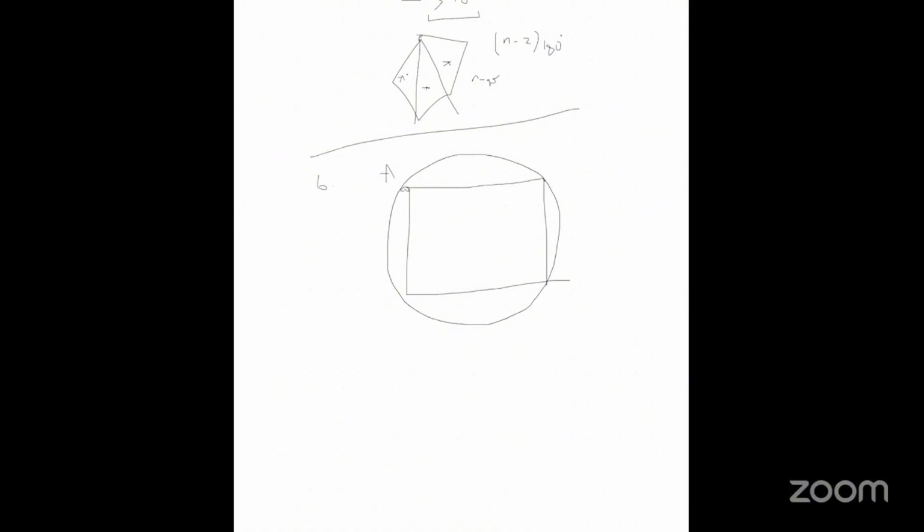And you have point P on the circumcircle of the square such that PA times PC is something, and then PB times PD is something.